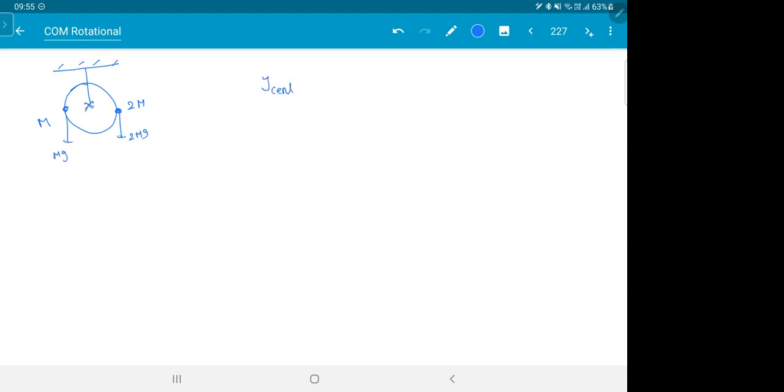The torque from 2mg has perpendicular distance R and is minus k cap, because 2mg will rotate this way. Plus mgR in the plus k cap direction, because this mg will rotate this way. So we get minus mgR.